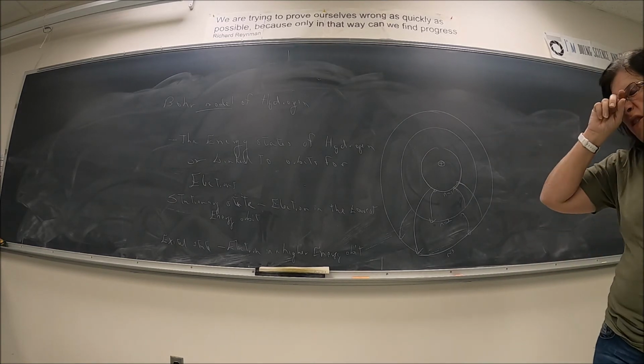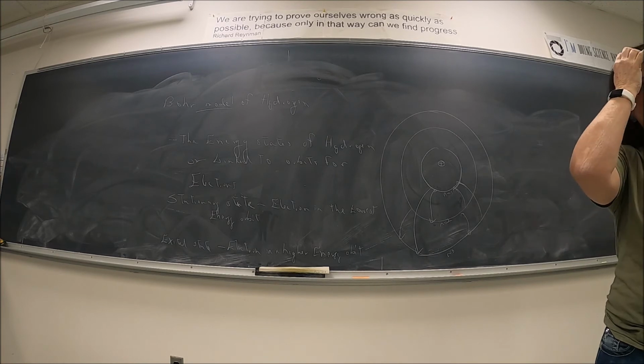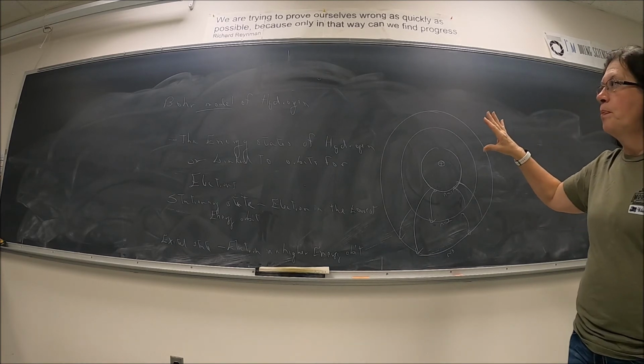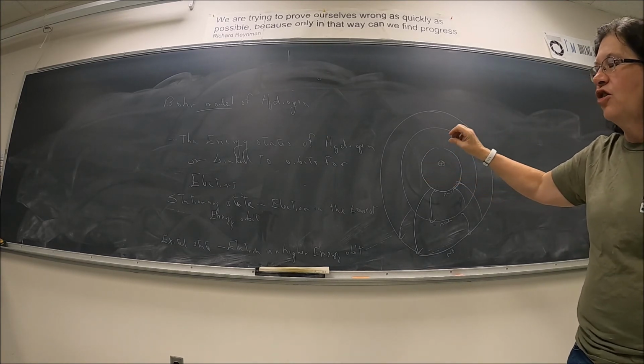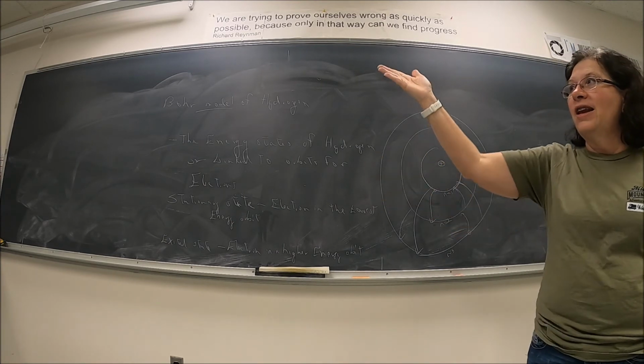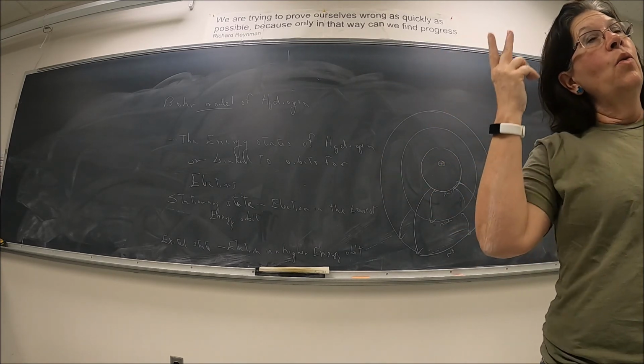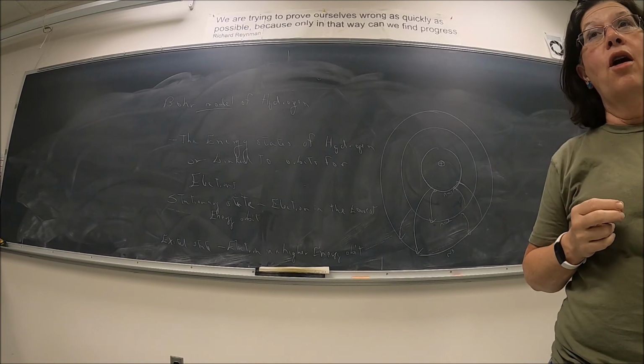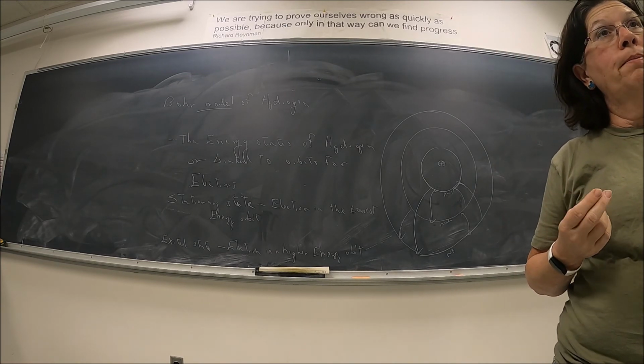Also, Bohr's model was a one-electron model. The minute they tried to apply all of Bohr's calculations and all of Bohr's ideas to the next atom up, helium, with just 2 measly little electrons, it didn't work.